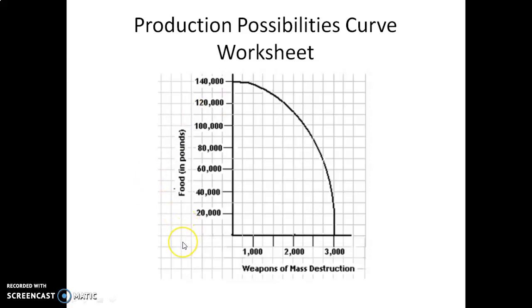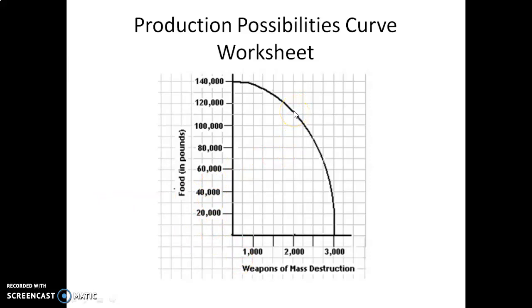Now, let's say, however, that we went from 2,000 weapons of mass destruction to using all of our resources for weapons of mass destruction. In that case, we're still just gaining 1,000 more weapons of mass destruction, but at 2,000 WMD, we're way up here on the production possibilities curve.